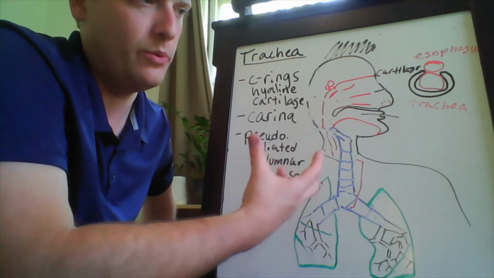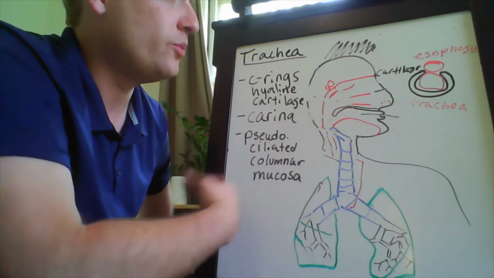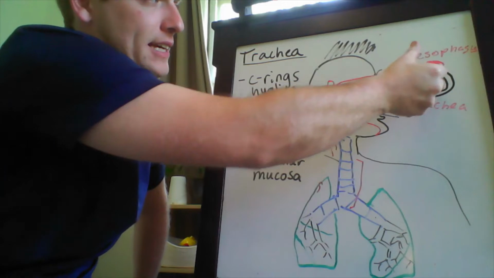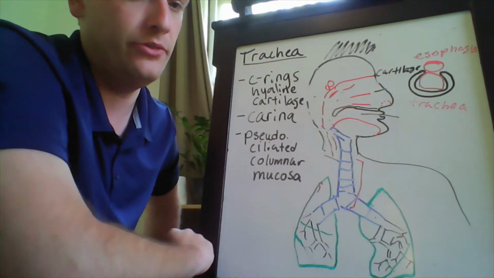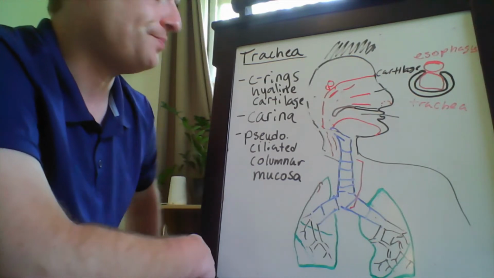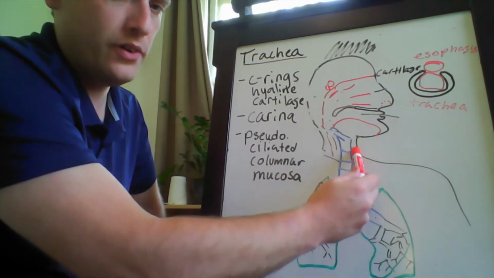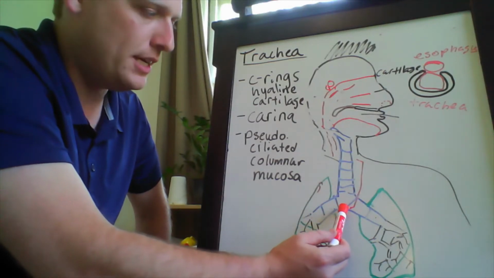A bolus is just what we call kind of a piece of food that we're swallowing. So when you swallow that food, the esophagus can expand because of these incomplete C-shaped rings of hyaline cartilage that keep the trachea open.